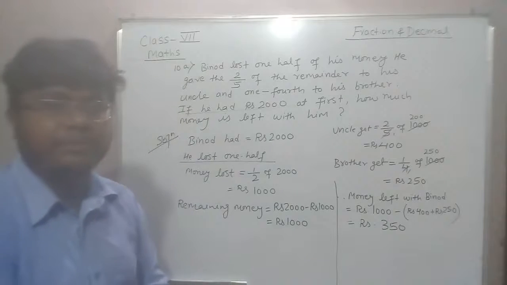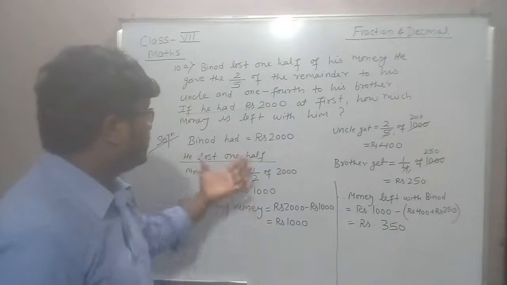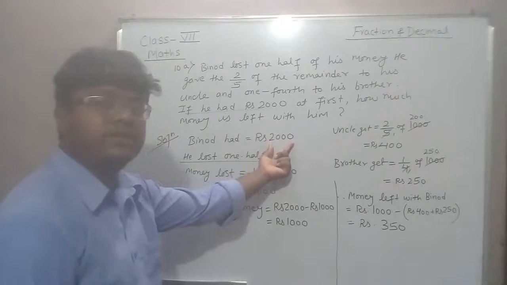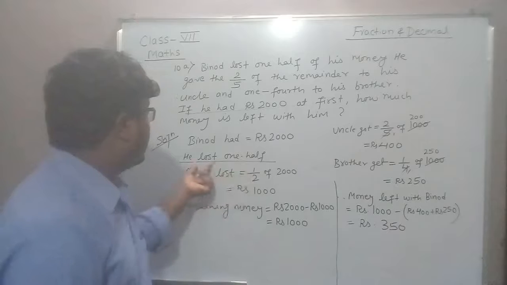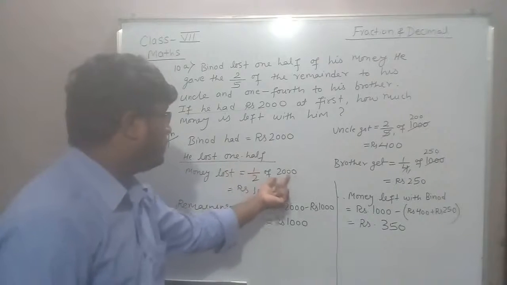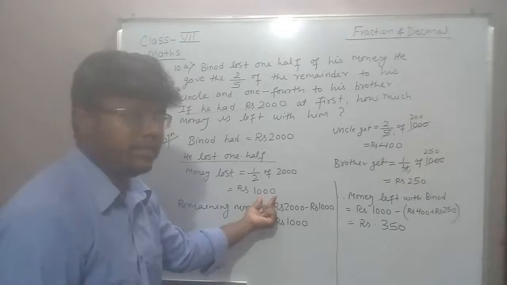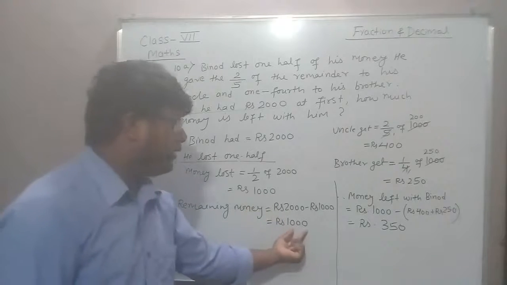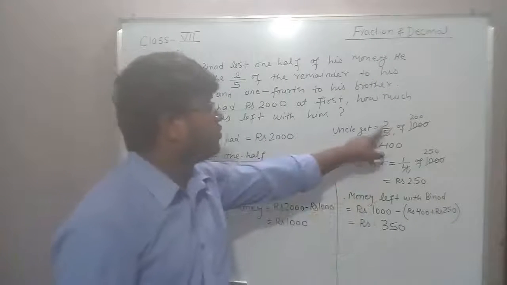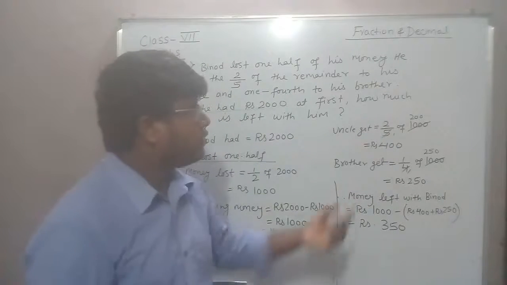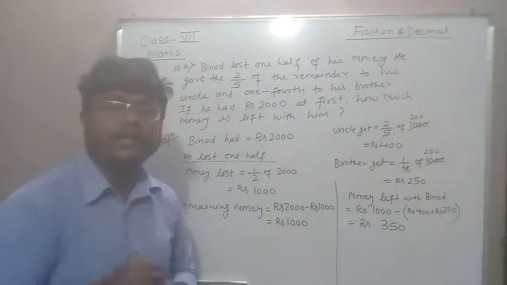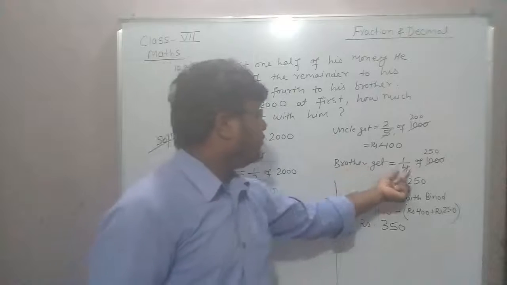Rupees 350. So it's very easy. Just you need to see here. Binod had rupees 2000 at first. He lost one half, so money lost is rupees 1000. 1 upon 2 of 2000 is 1000. So remaining money is 1000. From this remaining money, he gave uncle 2/5, so uncle got rupees 400, and from that remaining money, he gave 1/4 to his brother.